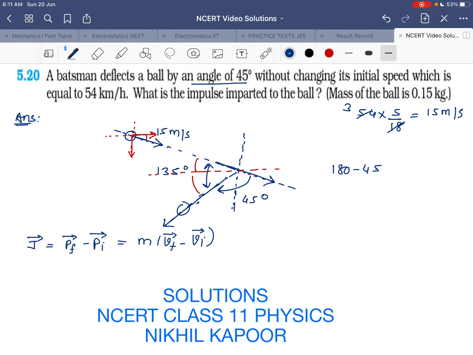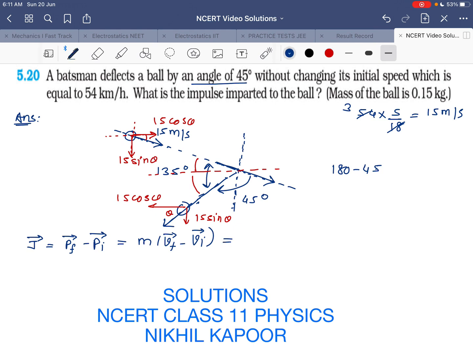And if you resolve them into two parts, this angle is theta, let us suppose, which is half of 135. So this will be 15 cos theta, this will be 15 sin theta.